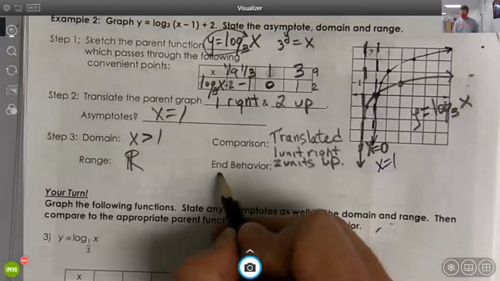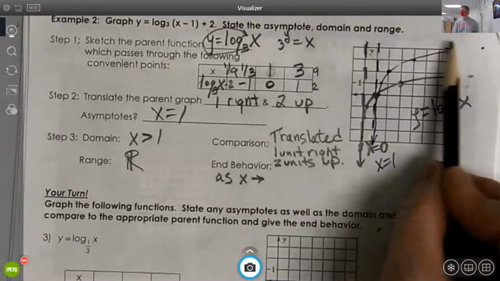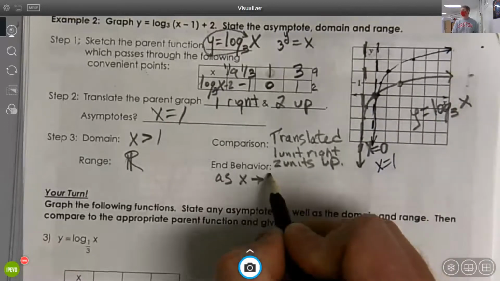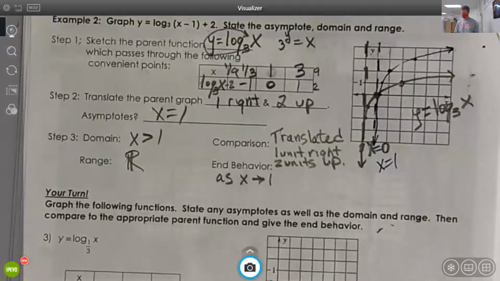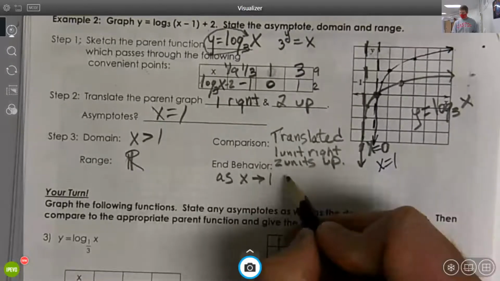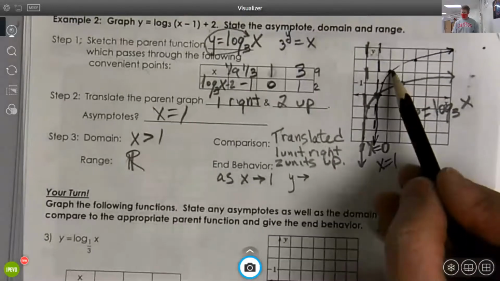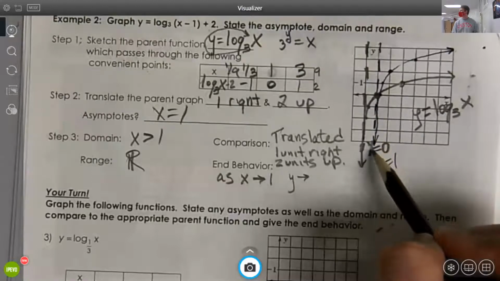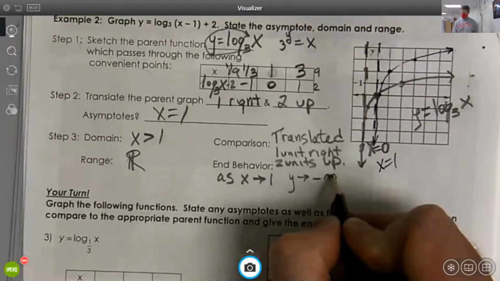And our end behavior, we're going to be approaching the asymptote, and the asymptote is at 1. So now we're approaching 1. And as we do that, the y value, if you notice, the closer we get to 1, the y value gets lower. So the y value goes to negative infinity.